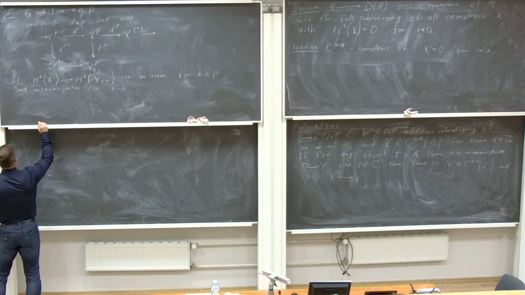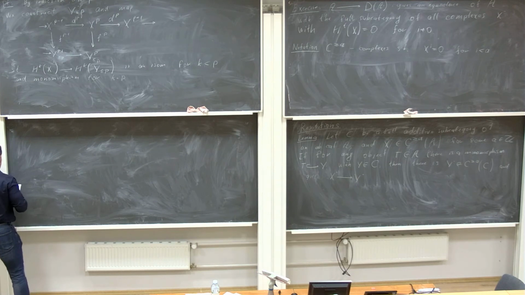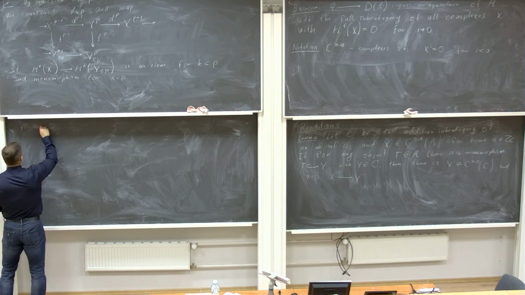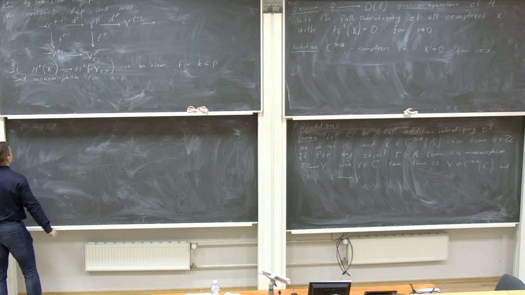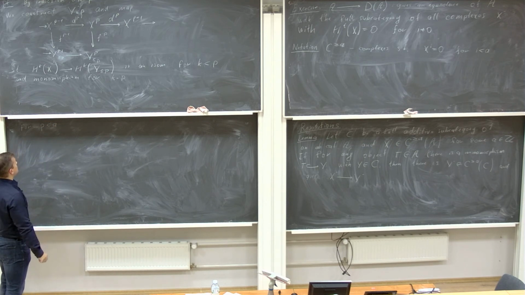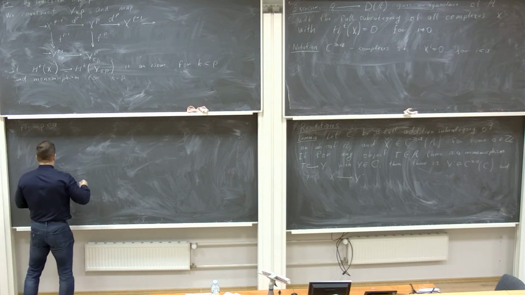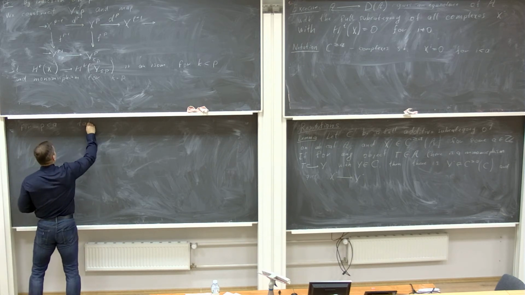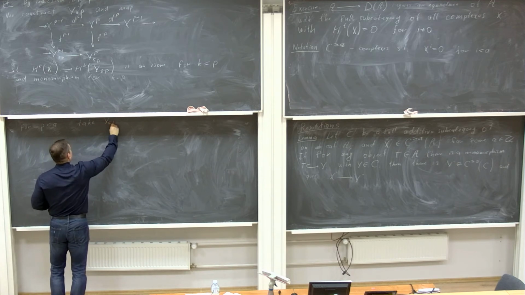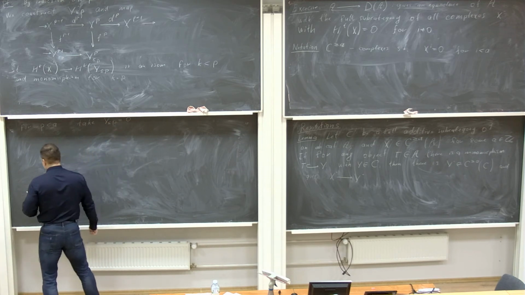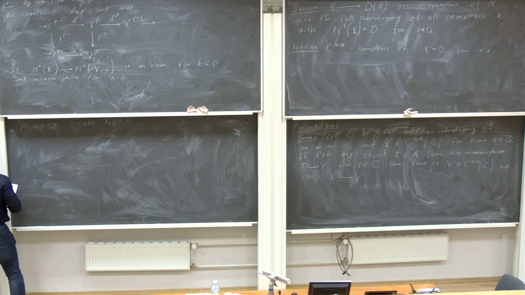Okay, first of all, what about the base of the induction? Well, if I have p which is less than a, this is very easy, right? Then in this case I can just take y to be just the zero complex. So now we need to do the step of the induction.